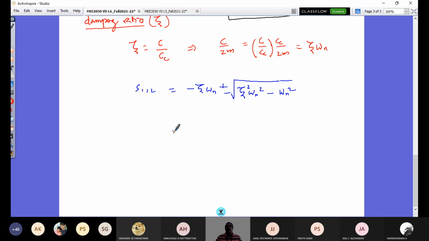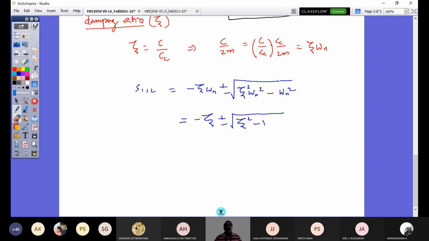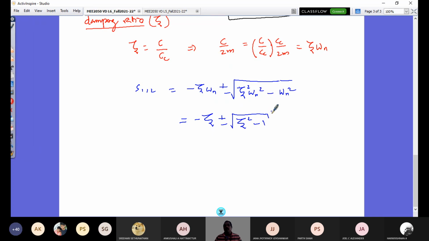So in this, if I take my omega n out, it's going to be minus zeta plus or minus under root of zeta square minus 1, into omega n. This omega n is common here, it's taken out. So this is my two roots, S1, 2.